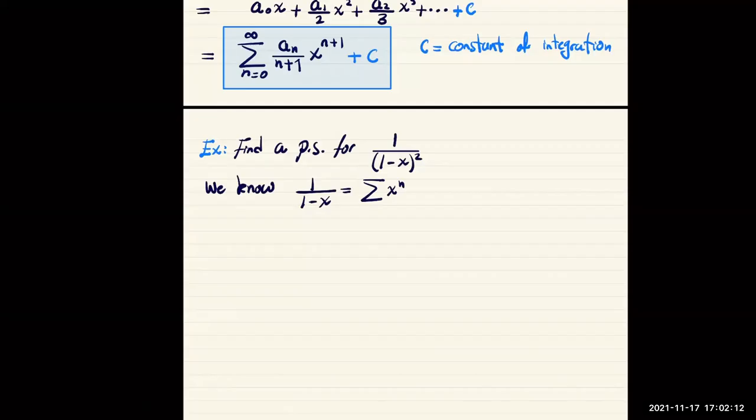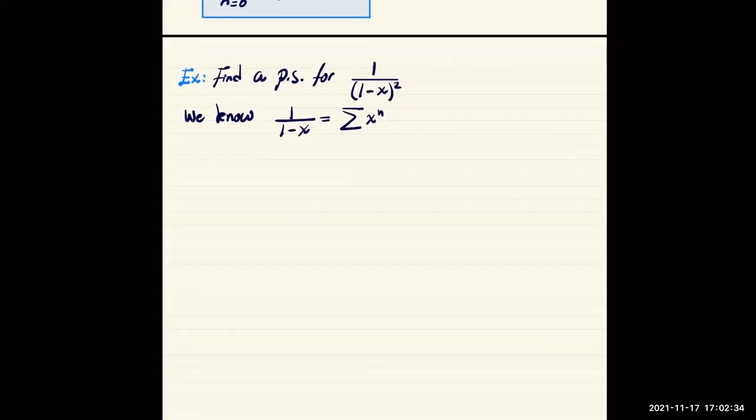Now, someone might say that this is just the square. This is the square of that. It obviously is. So why don't we just square this thing? Okay, yeah, we can. Why not? Let's do it.